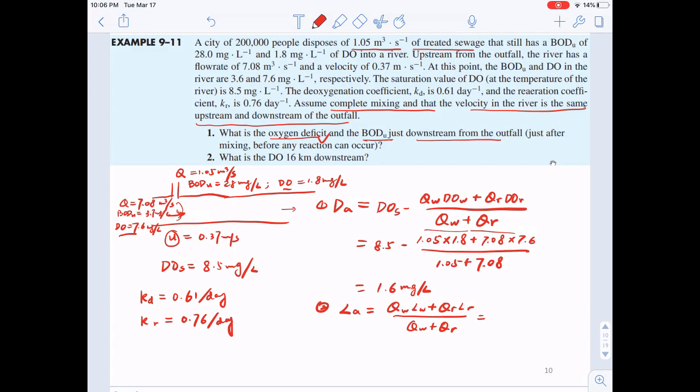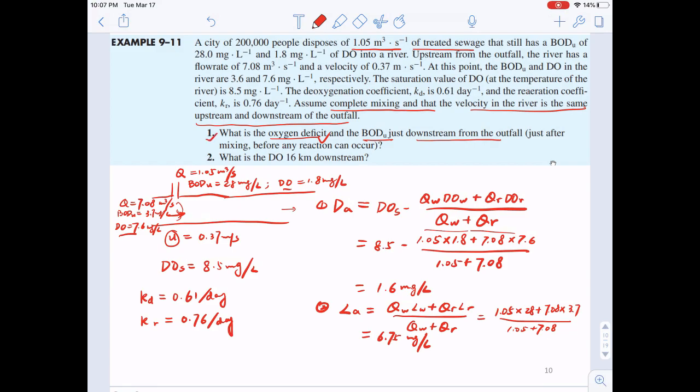If we plug in these values, it's 1.05 multiplied by 28 plus 7.08 multiplied by 3.7, and then divide by 1.05 plus 7.08. That's going to be 6.75 milligram per liter. So this is how we can solve the first problem.